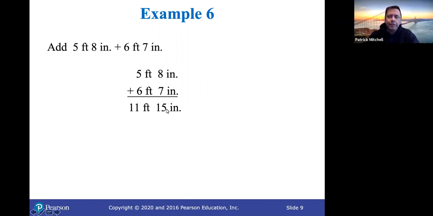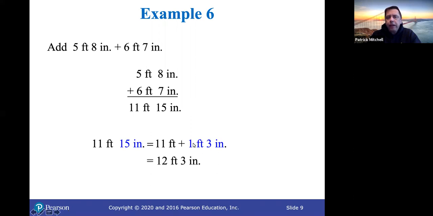So like in the last example, we're going to convert this 15 inches into feet and inches. Okay. 15 inches is 1 foot and 3 inches. So now we'll take this 1 foot, add it to the other 11 feet, and the simplified answer is 12 feet 3 inches.